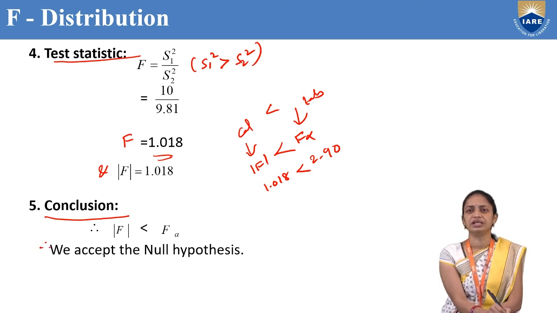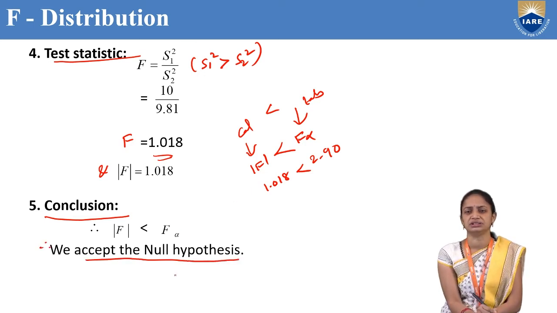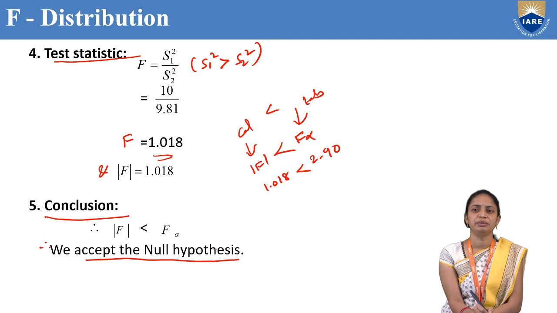Therefore, we accept the null hypothesis. If modulus of F is less than F alpha, then we can accept the null hypothesis. What is the meaning of this? The given statement is true.